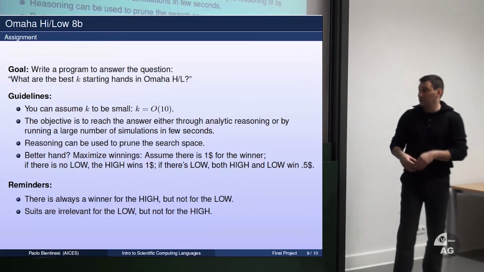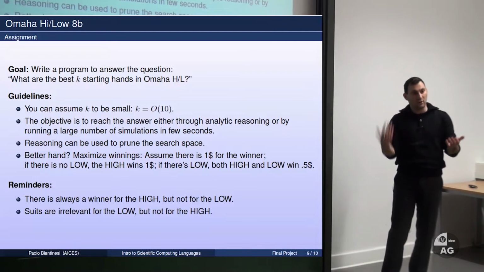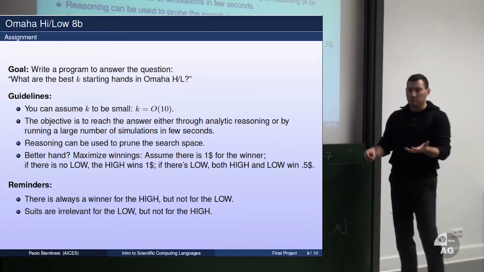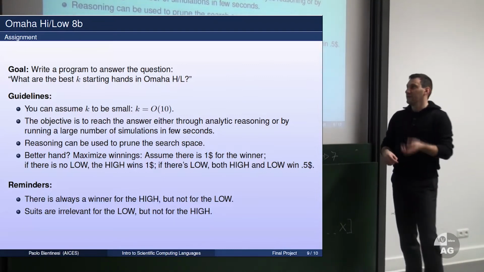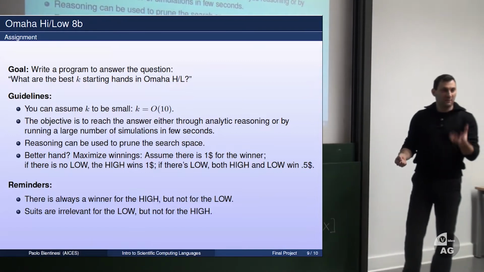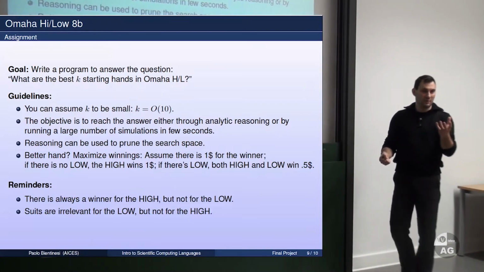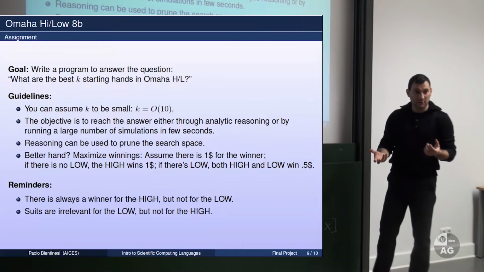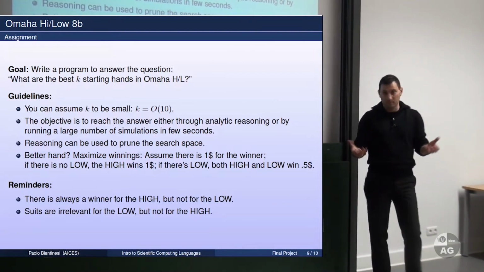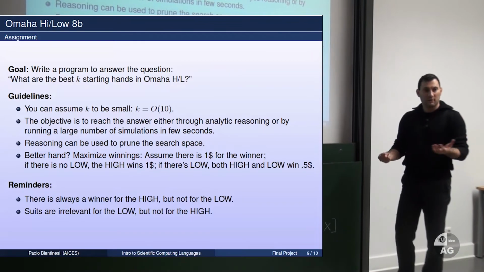There might be a high, and there might be a low, or there might not be a low. If there is no low, whoever wins the high wins the full dollar. If there is a low, there is a winner for the high and a winner for the low. So you might win $1, 50 cents, or 0.